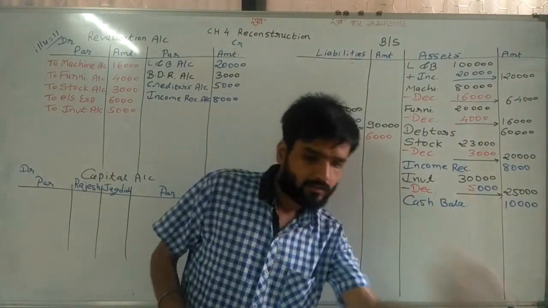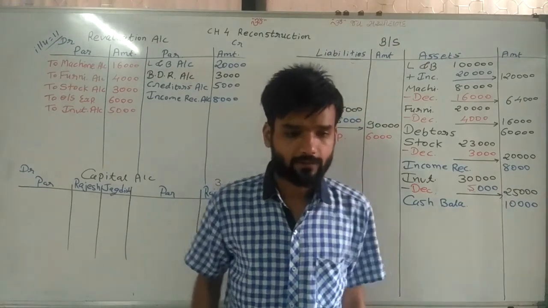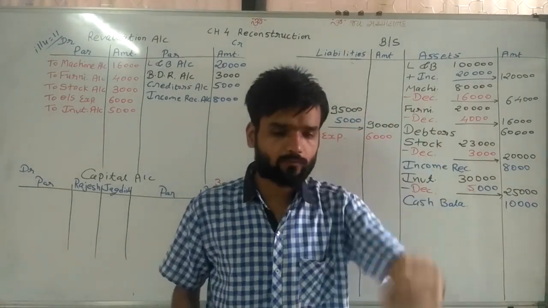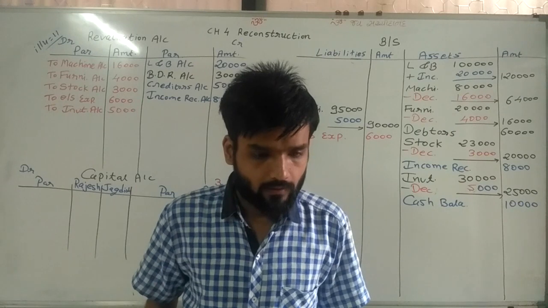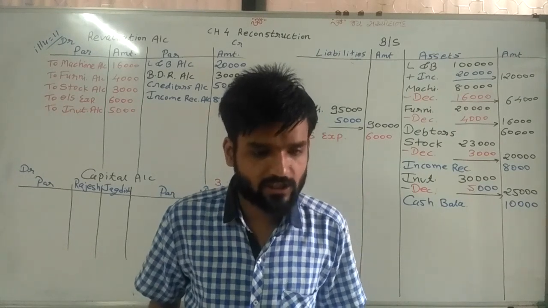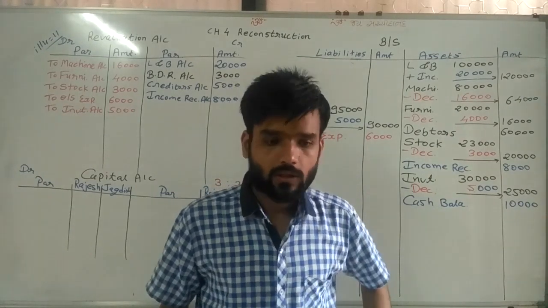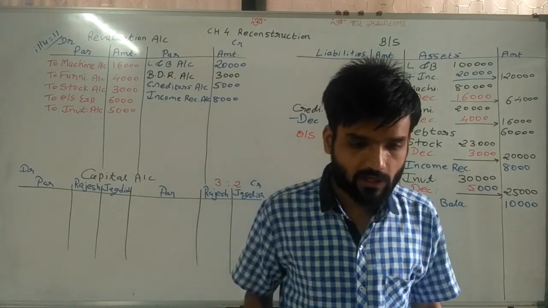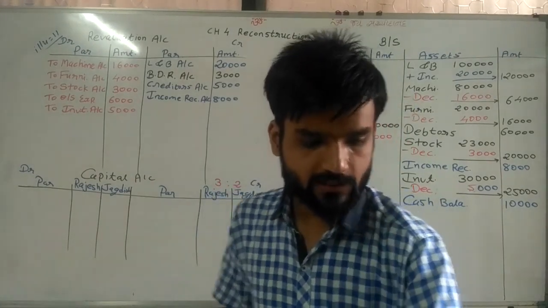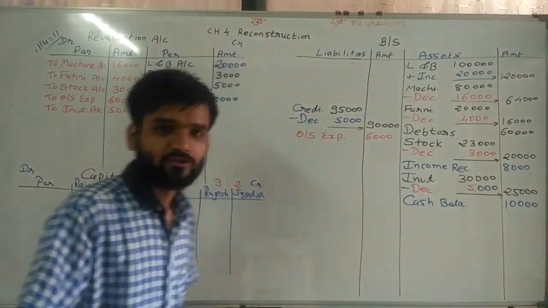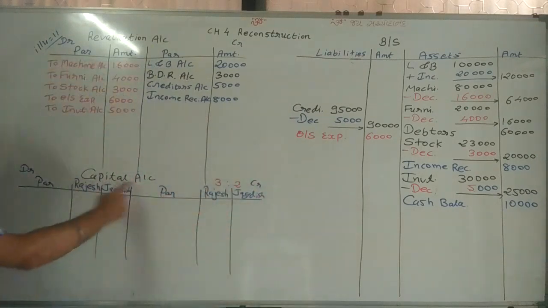Now I am reading the left side, the liability side. In the liability side, at the top of the column is given Rajesh and Jagdish capital account. Now Rajesh capital account is 1,40,000 and Jagdish capital account is 60,000. So sir, here the capital account is prepared.